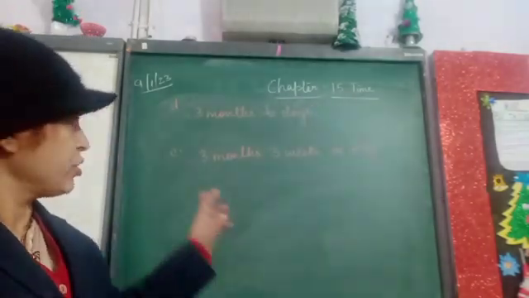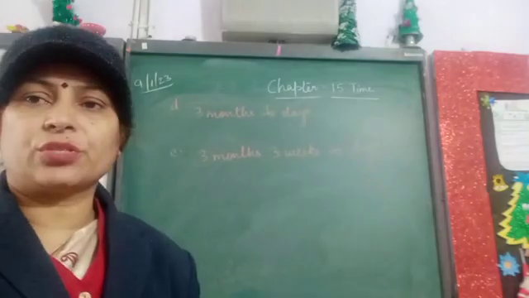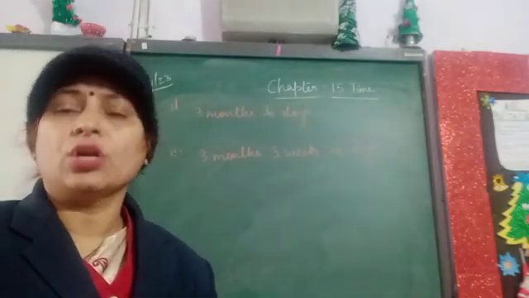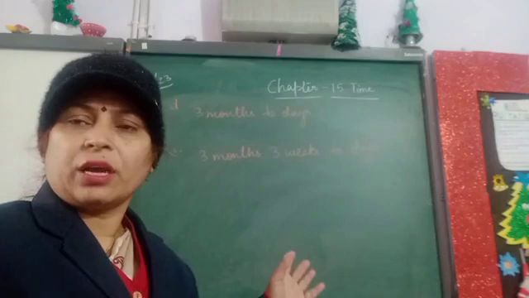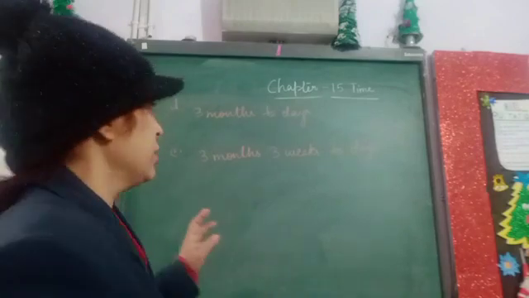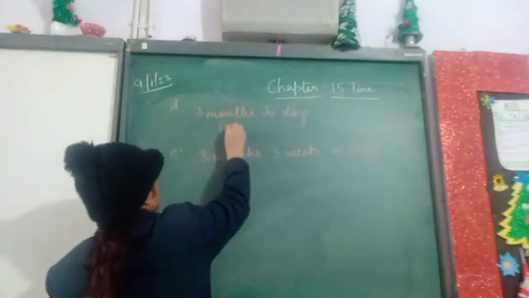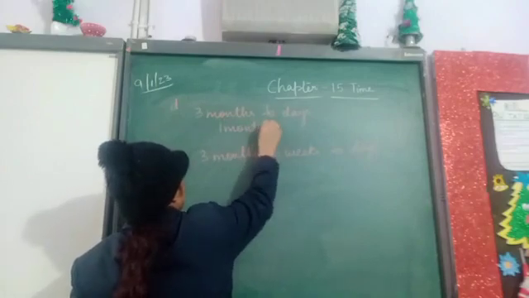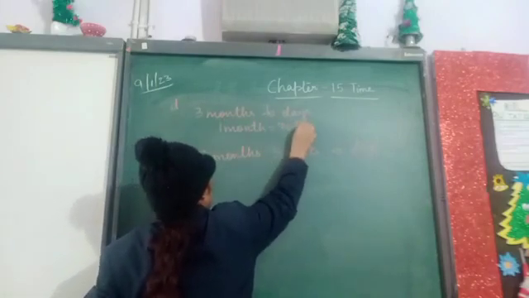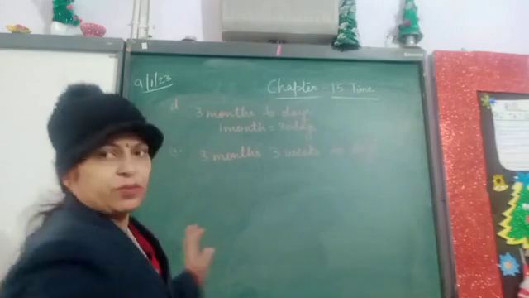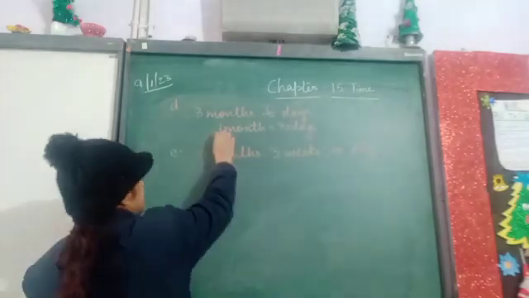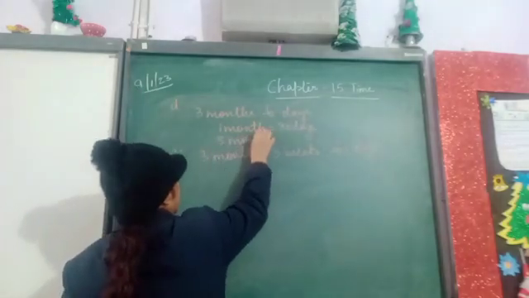Now children, see this question. 3 months you have to change into days. You know 1 month has 30 days or 31 days, but we normally calculate with 30 days. So 1 month is equal to 30 days. So 3 months will be 3 into 30 because month is bigger than days.